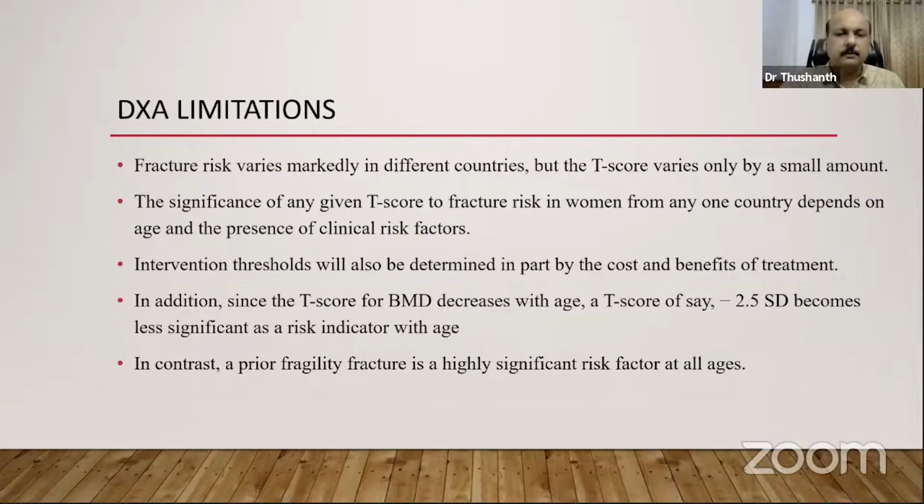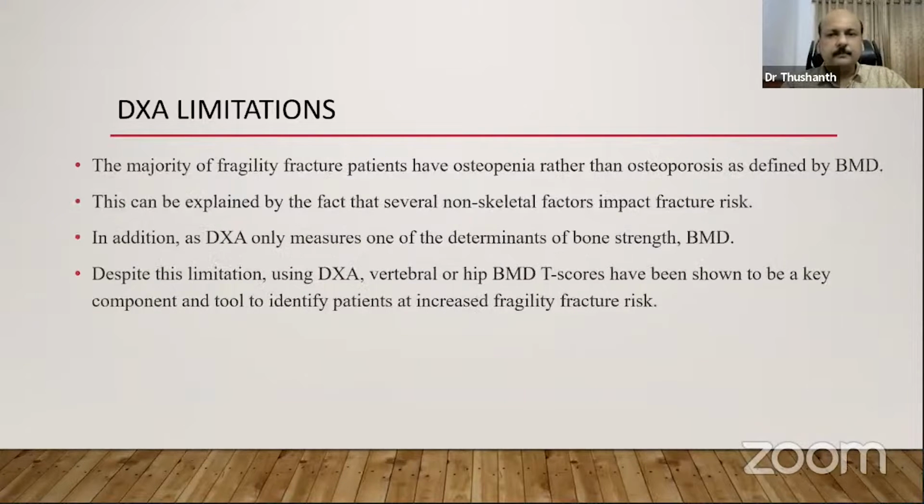But for somebody of say 50 or 55 years of age, minus 2.5 would be a value which indicates high risk. In contrast, a prior fragility fracture is a highly significant factor at all ages. At any age, a history of prior fragility fracture is itself a significant risk factor.